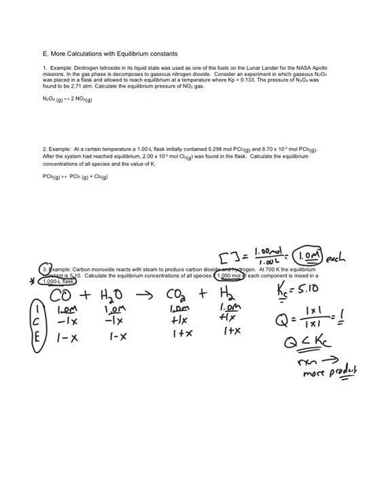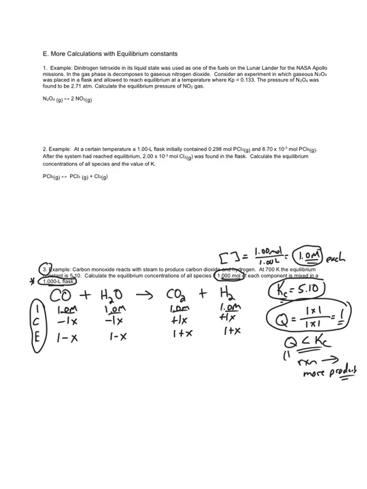So what I did is they told us the K value is 5.1. If I were to plug in the concentrations of 1 and calculate a Q value, we end up getting 1 times 1 over 1 times 1, which ends up being 1.